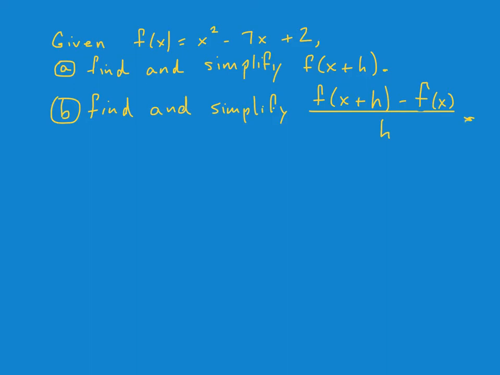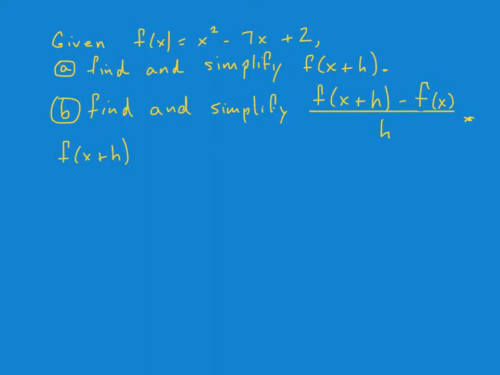So let's start with f of x plus h in part A, and remember what that function notation means. This tells us to put x plus h in place of all x's in the original function that's given.